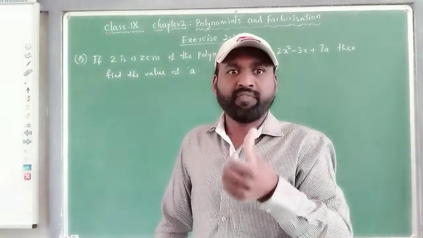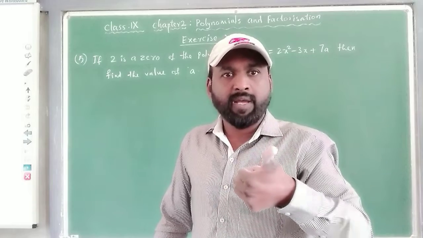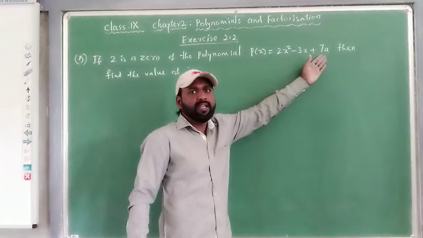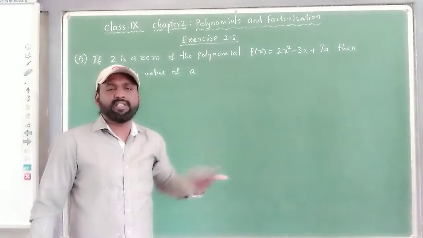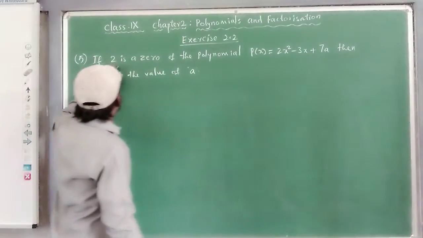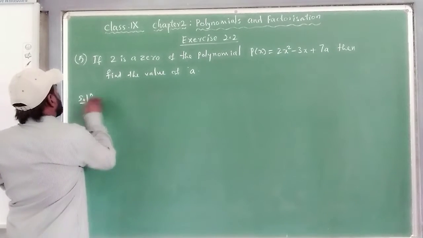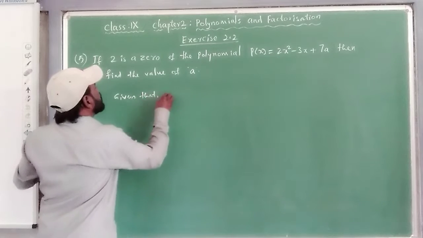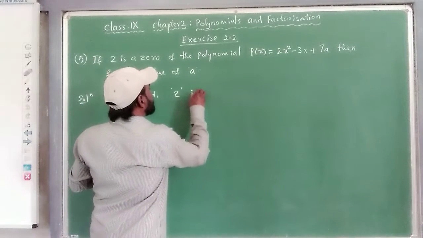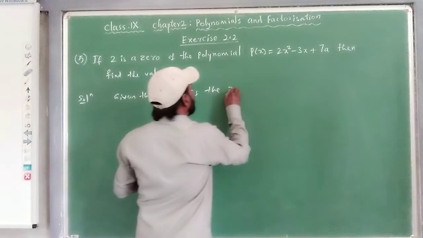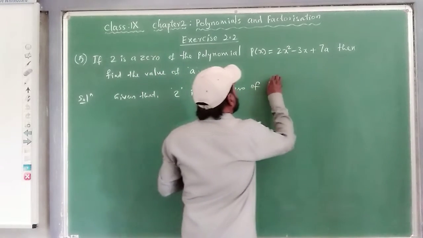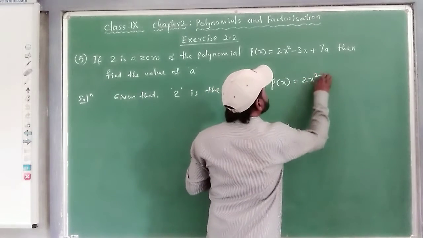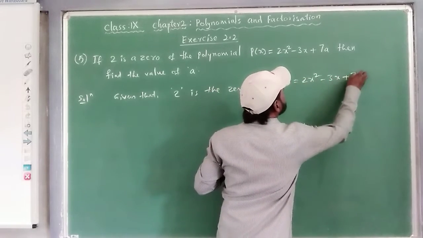What is given? If 2 is the 0 of the polynomial p(x) = 2x square minus 3x plus 7a, then what is the value of a? We need to find. So what is given? Given that 2 is the 0 of polynomial p(x) = 2x square minus 3x plus 7a.